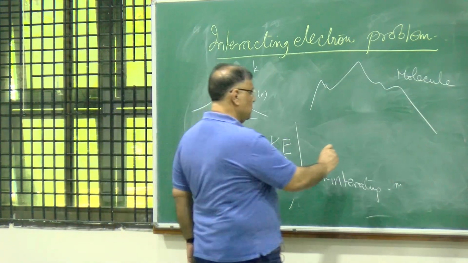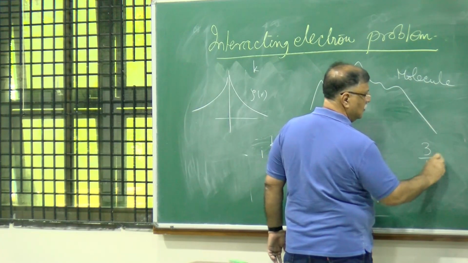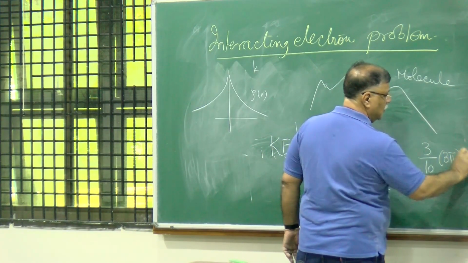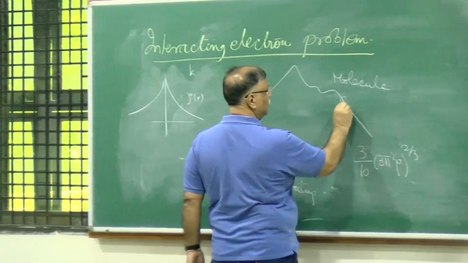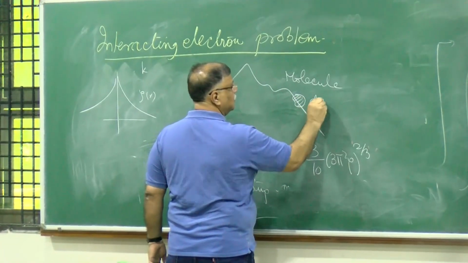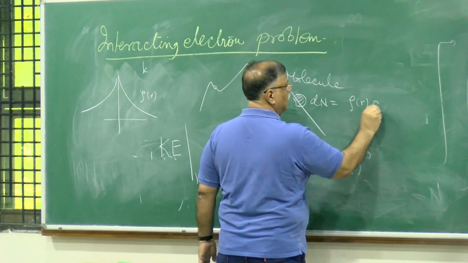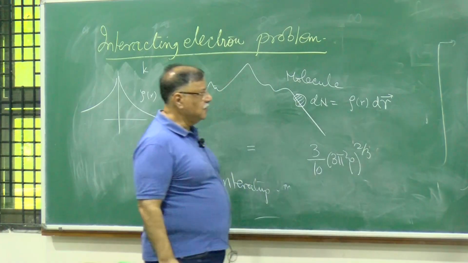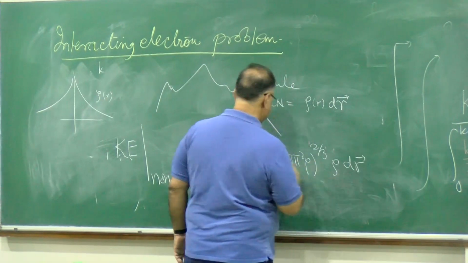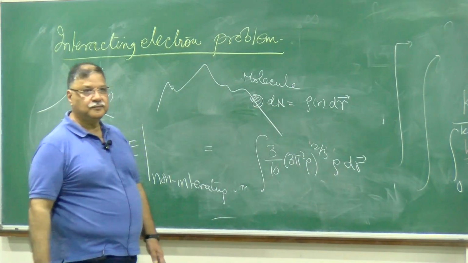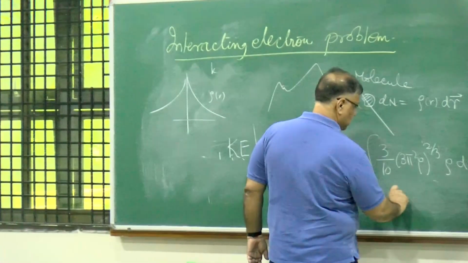Per electron it is 3/10 (3 pi square)^(2/3) rho raised to 2/3. And if I take a small volume here, the number of electrons is going to be rho of r dr, where dr with the vector is the volume. So I'm going to write this rho dr and integrate it. That's my approximate kinetic energy. And this is known as the Thomas Fermi approximation.